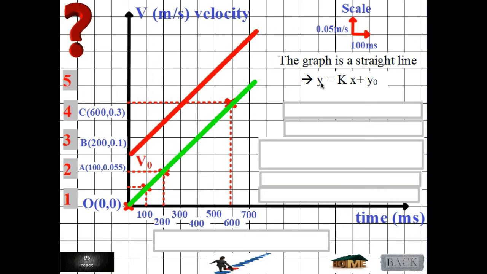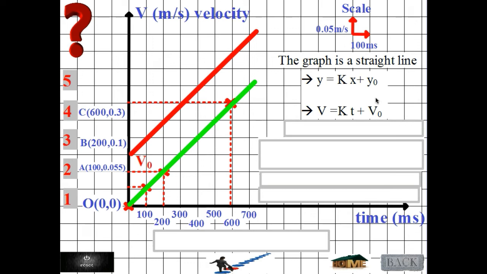So y equals kx plus y0: y I will substitute by velocity, and x I will substitute by time, and k is my slope. So v equals kt plus v0.